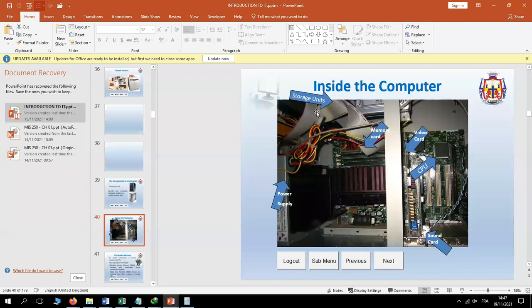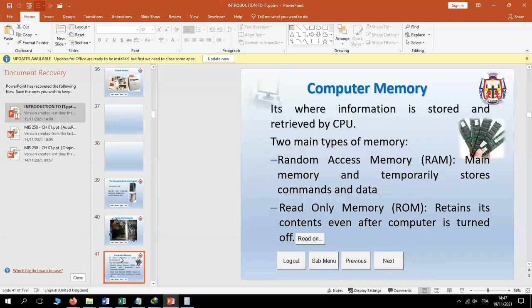Then we are talking about RAM, that is random access memory. RAM is what we call the working memory of the computer. What do we mean by this? Whichever thing the computer is working upon is picked from RAM because it's the working memory.